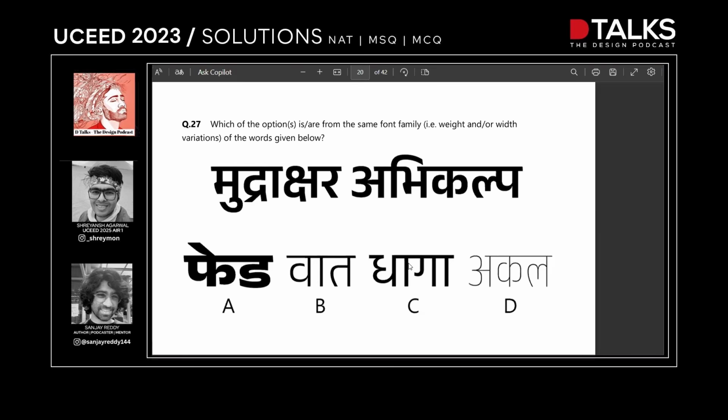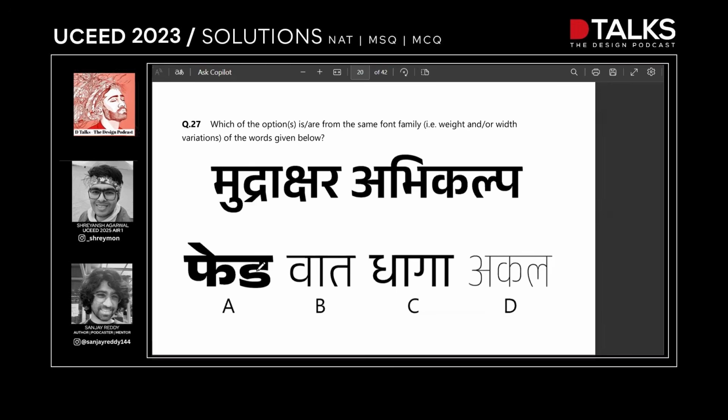Which other options is or are from the same font family, that is the weight or width variations of the words given below? So it's talking about the same font family and not the font itself. That means anything that's somewhat similar generally goes.